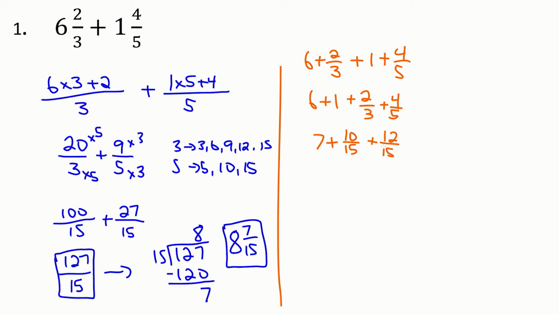So we can add these separately this way. Now we get 7 plus 22 over 15, and this is bigger than 1. So that means we're going to have to take 1 out. So this is 7 plus 1 and 7 over 15. Now we just add those as 8 wholes and 7 over 15. And there's our same final answer there.